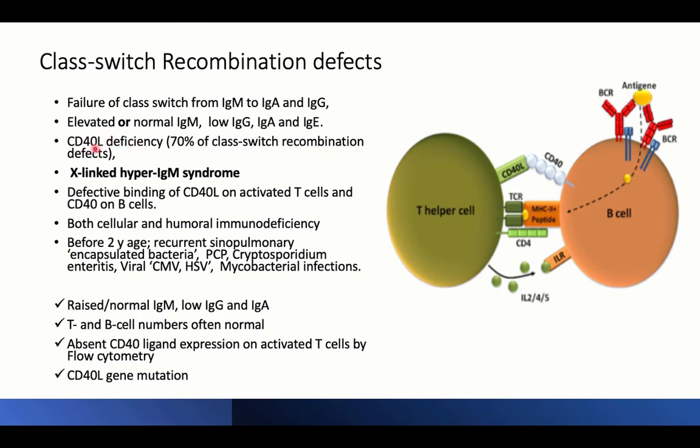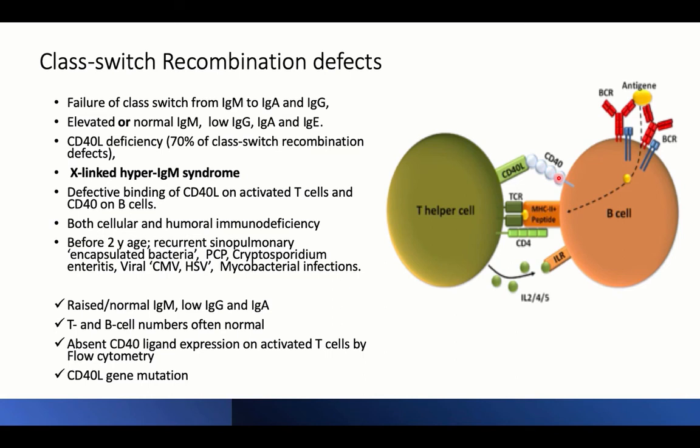This will appear in the flow cytometry. What is CD40 ligand? The T helper lymphocyte carries the CD4 antigen and the TCR, or T cell receptor. It has something here called the CD40 ligand. This is the B lymphocyte, which carries the CD40.